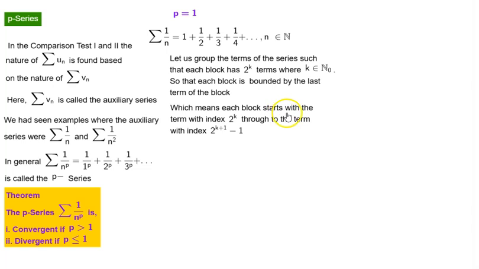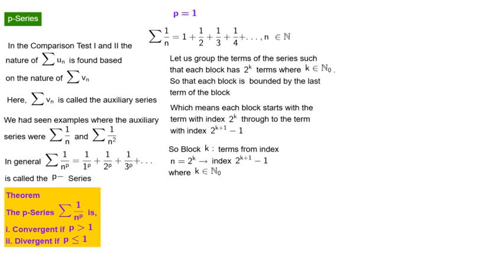Each block starts with the term with index 2^k through to the term with index 2^(k+1) - 1. So block k will have terms from index n equal to 2^k to the term index 2^(k+1) - 1, where k is starting from 0.